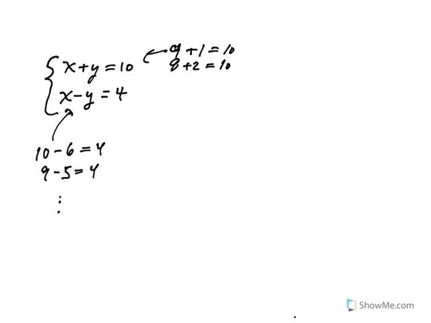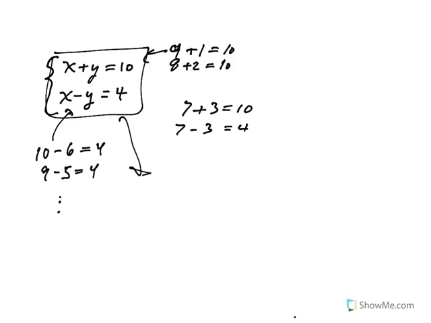I think you'll pretty quickly come up with 7 plus 3 equals 10, and 7 minus 3 equals 4. So this thing, otherwise known as a system of equations, is when you have two equations with two different variables. And this system of equations has a single solution, the ordered pair 7, 3.